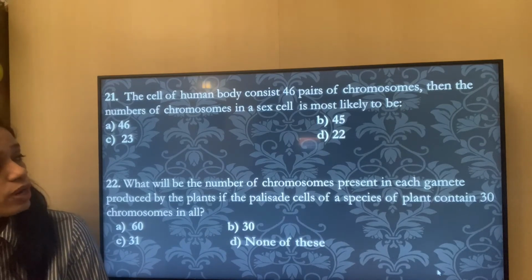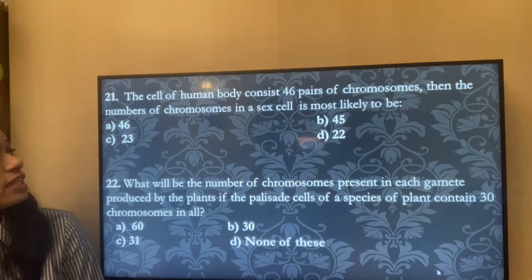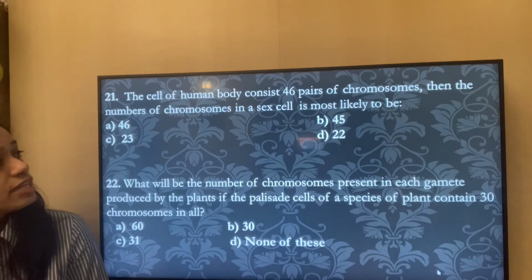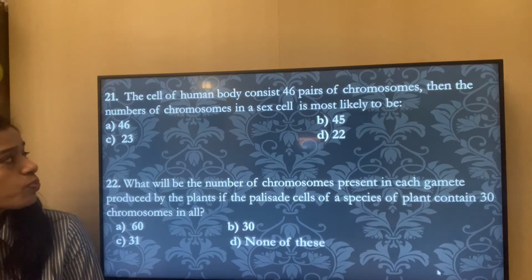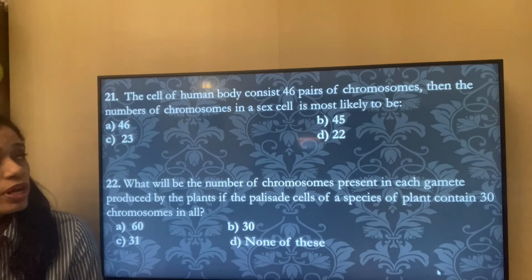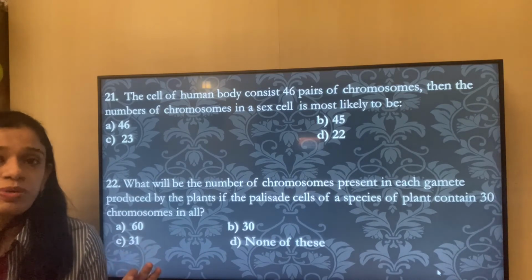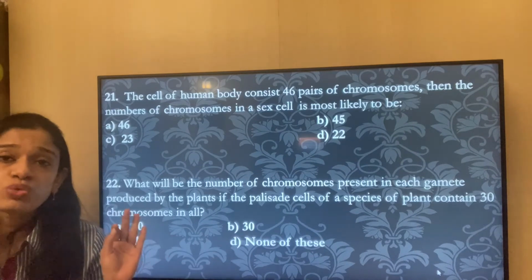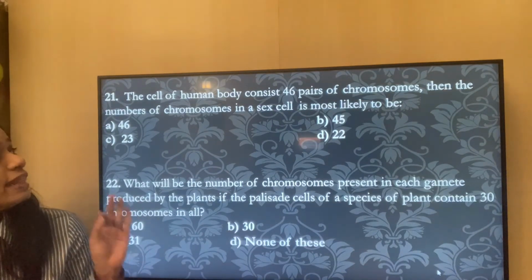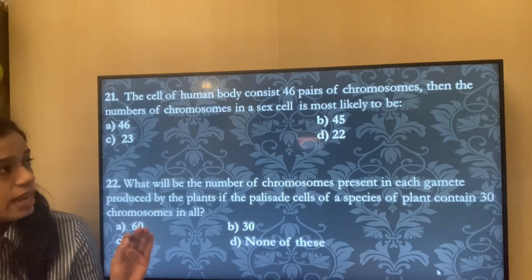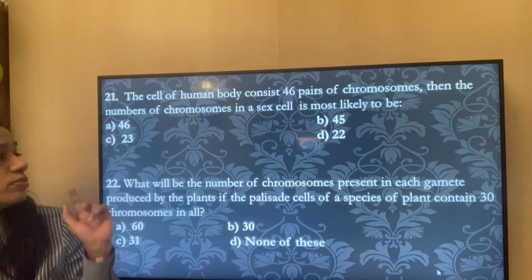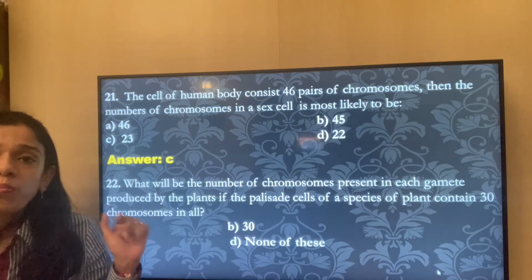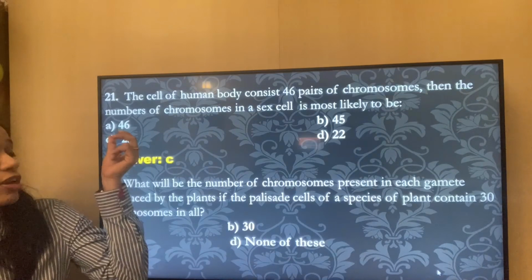The cell of a human body consists of 46 pairs of chromosomes. Then the number of chromosomes in a sex cell is most likely to be 46, 45, 23 or 22. Sorry, it should not be 46 pairs, it should be 23 pairs of chromosomes. Then the number of chromosomes in a sex cell is most likely to be 23, because it cannot be 46.